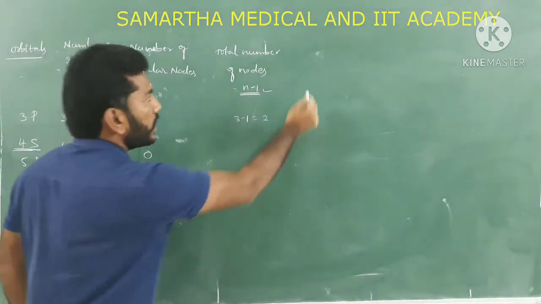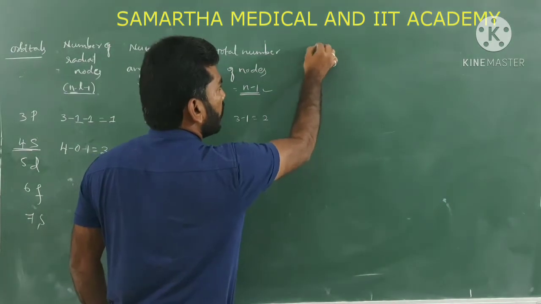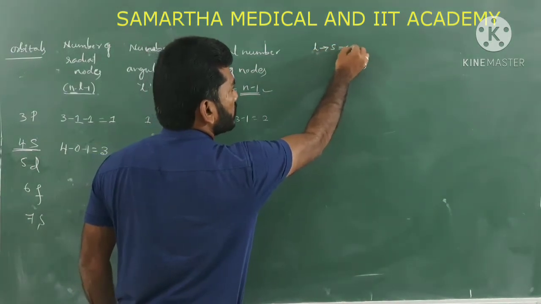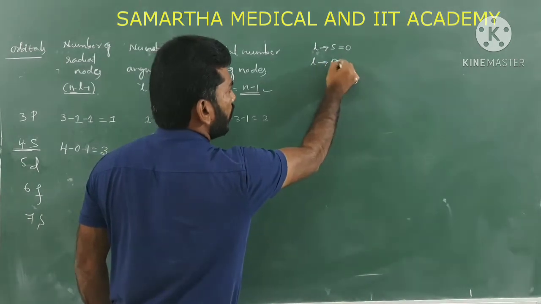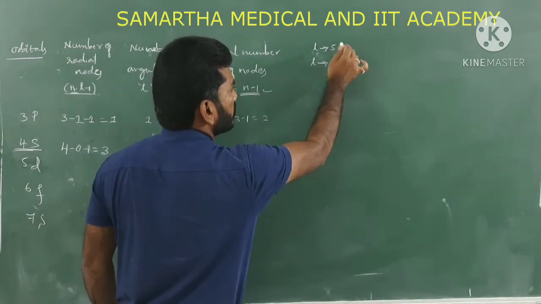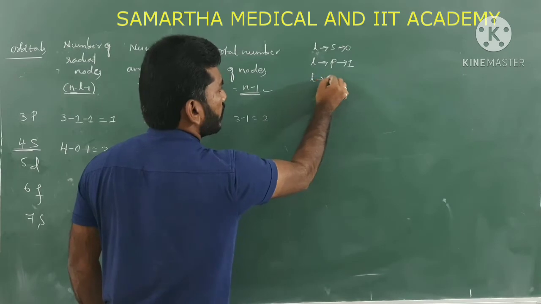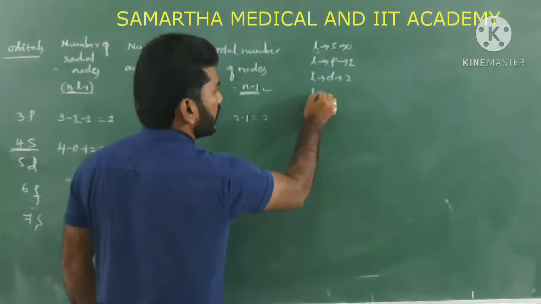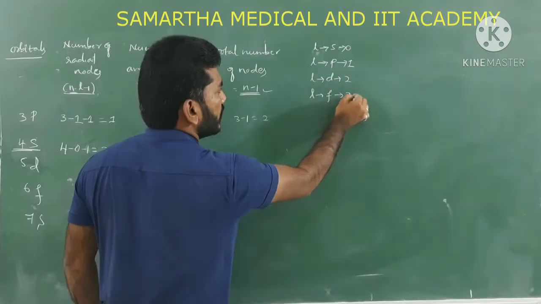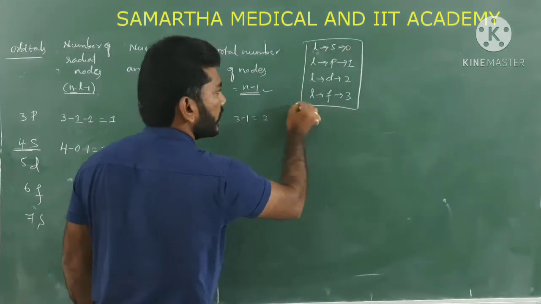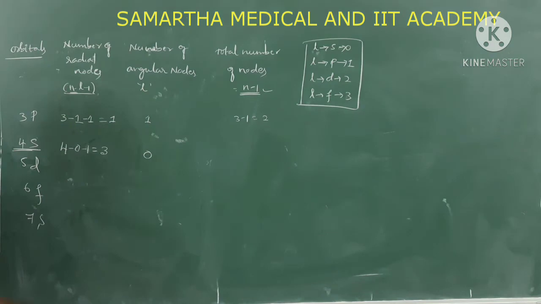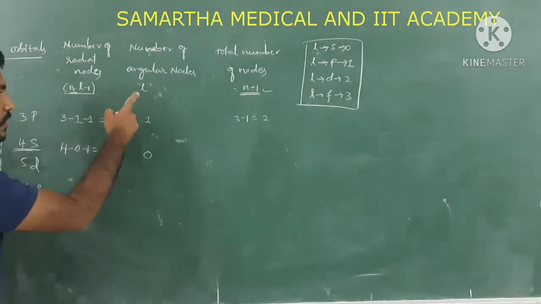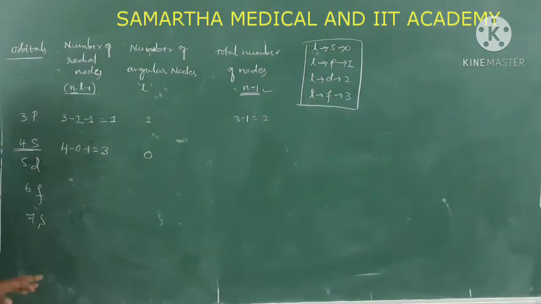So I am going to write here: the L value for s orbital is 0, the L value for p orbital is 1, the L value for d is 2, and the L value for f orbital is 3. We have to know these particular things, guys. Keep in your mind, don't neglect those values. Without those L values, we couldn't calculate the radial node and angular node. That's why those values are very important.